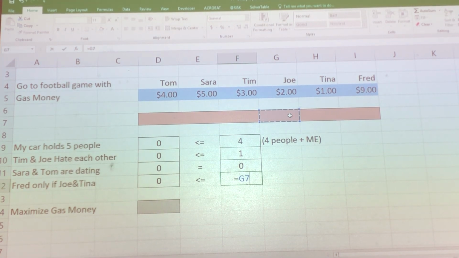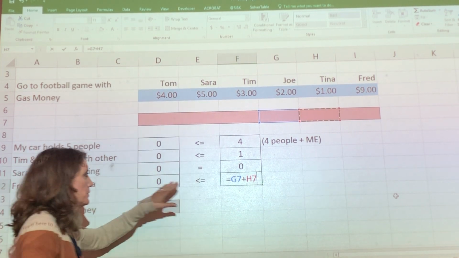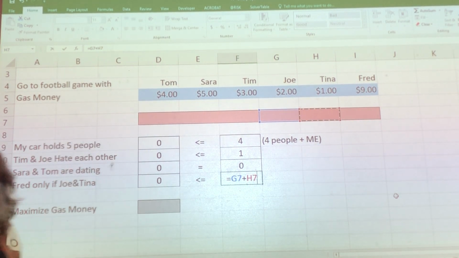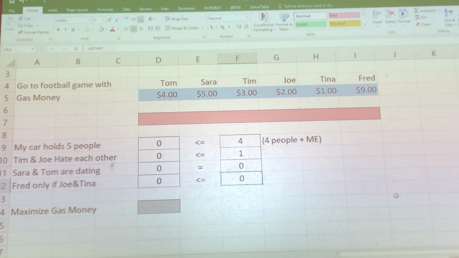So it was I7 times 2 less than or equal to G7 plus H7. That got all of the situation in there.